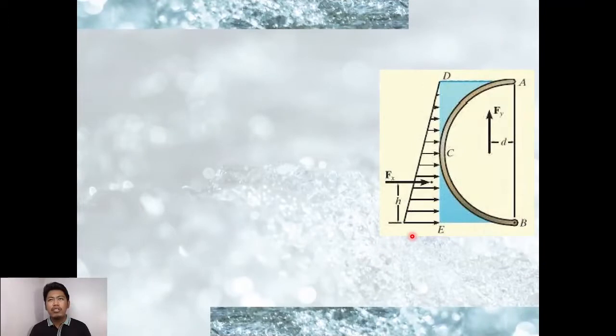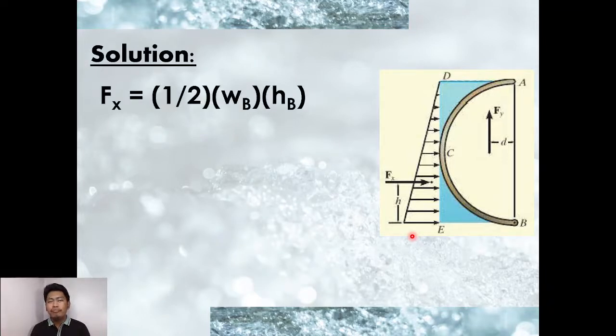Ngayon, para ma-compute na natin yung components, kasi hahanapin natin yung resultant force, let's resolve muna yung mga component forces. First, we have the ating horizontal component. Just like kanina, since triangular loading ito, 1/2 base times height.